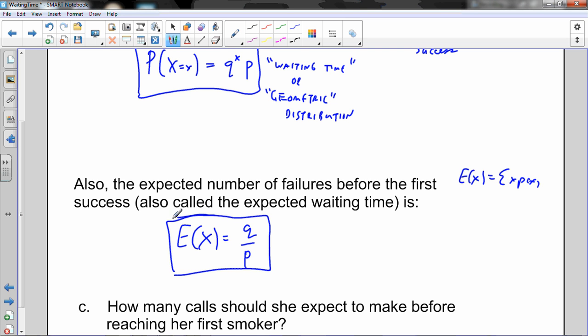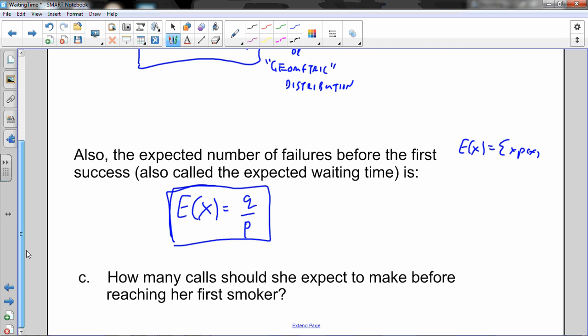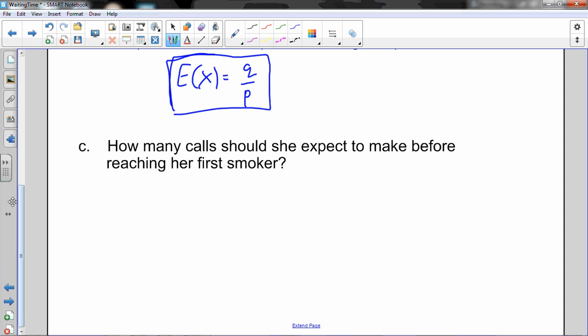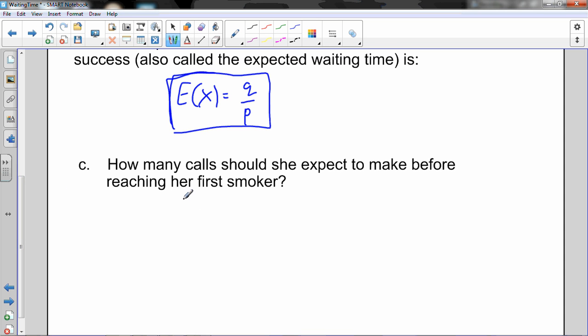That's it. So in this example, how many calls should she expect to make before reaching her first smoker? What's her expected waiting time? Well, 70% chance of failure, 30% chance of success, and that's about 2.33.